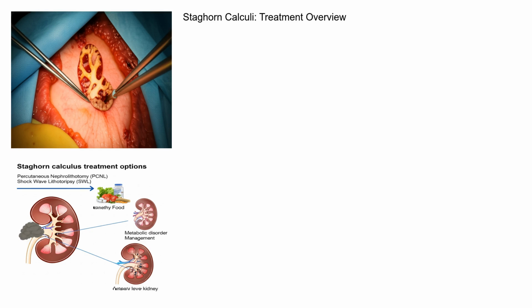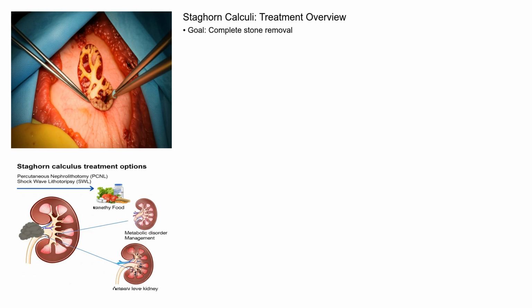Treatment and management of Staghorn calculi require a multi-faceted approach. The primary goal is complete stone removal to prevent recurrent infections and preserve kidney function. Percutaneous nephrolithotomy, or PCNL, is the most common surgical technique, involving the creation of a small incision in the back to directly access the kidney and break up the stone using various energy sources, such as ultrasound or laser.